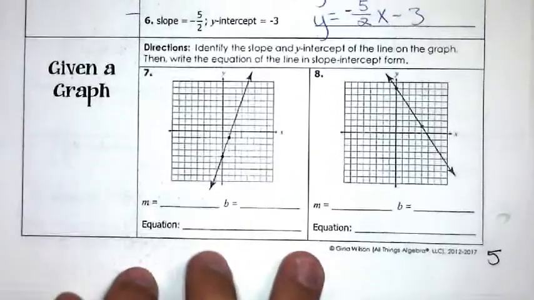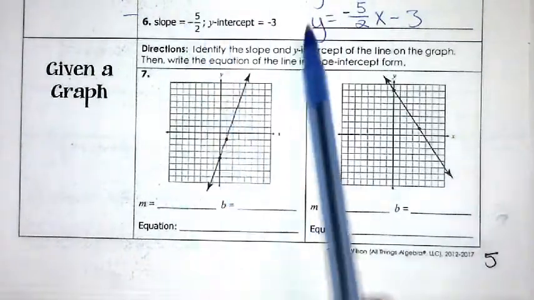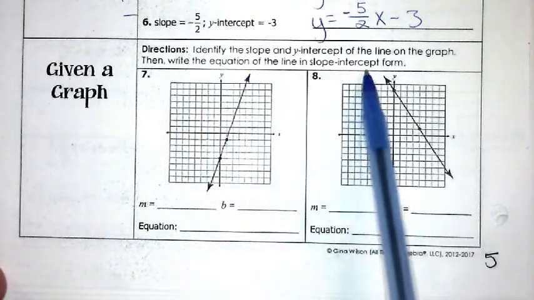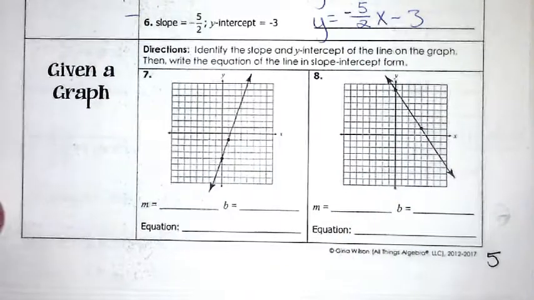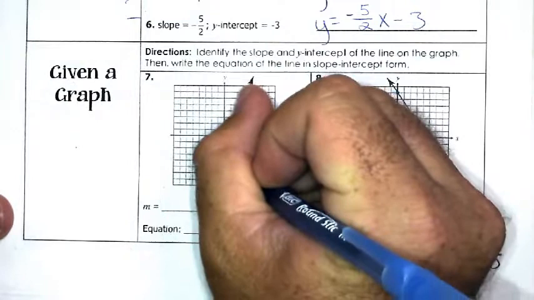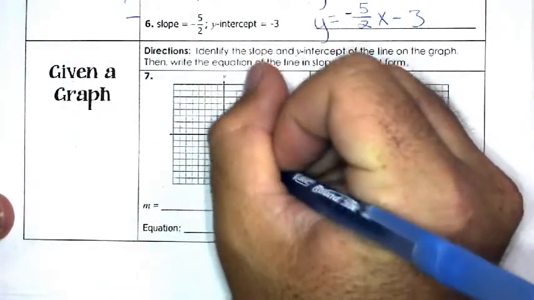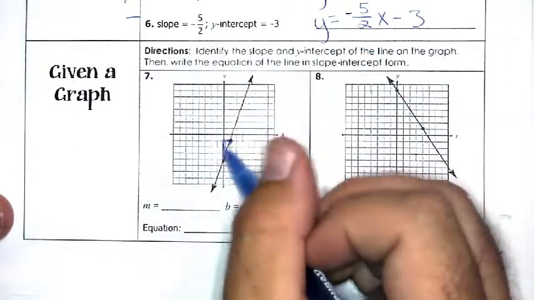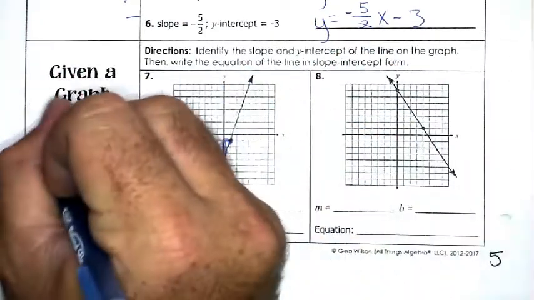Now let's talk about when you're given a graph. Identify the slope and the y-intercept of the line of the graph, then write the equation of the line in slope-intercept form. So anytime we try to find slope on a graph, we need to create what type of shape? A right triangle. That'll tell us our rise over the run, because that's how you find slope.